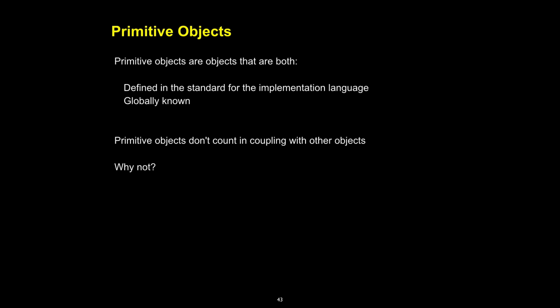Which means, if I have a class that uses an array list, any Java implementation we know of now, that class can be used there, right? So we don't need to worry about being coupled to those things because they always exist.